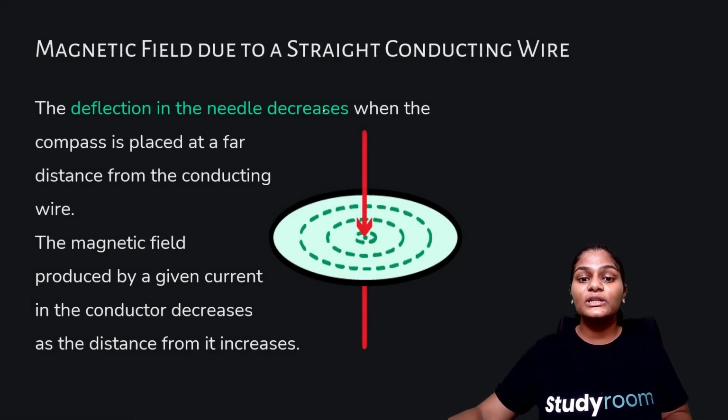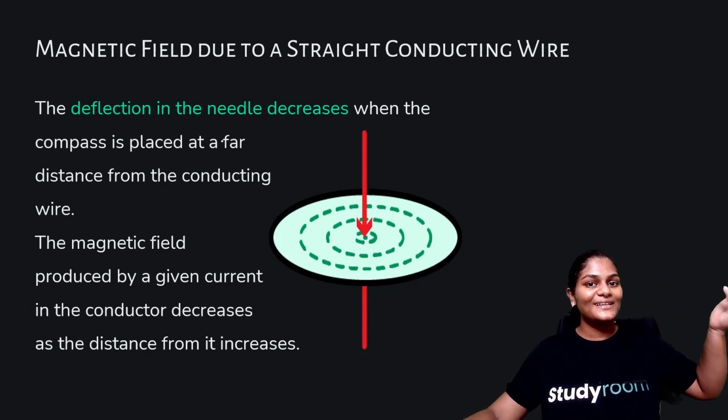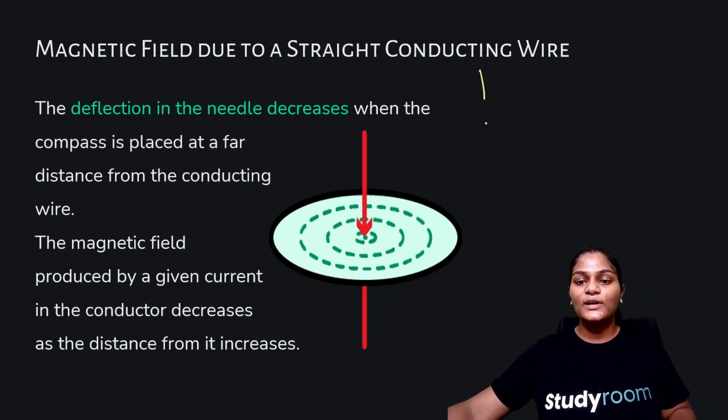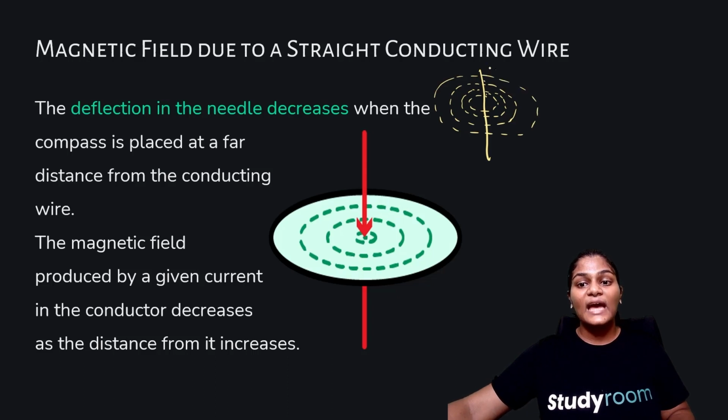That the deflection in the needle decreases when the compass is placed far from the conducting wire. I showed you that with the help of the field lines, right? So if this is the wire, near the wire the field lines would be like this. But as we keep going farther and farther, the gap between the field lines keeps on increasing. What does it mean?